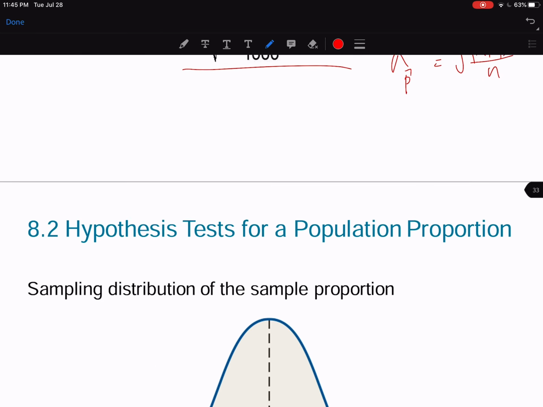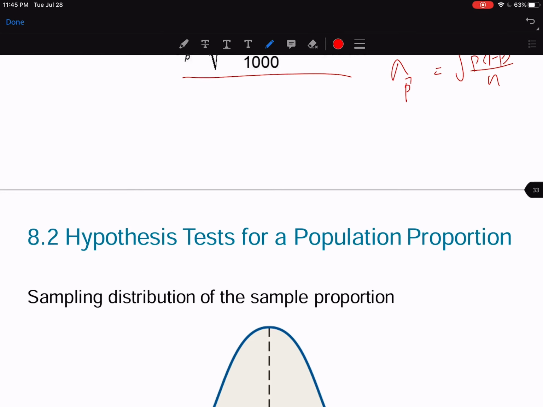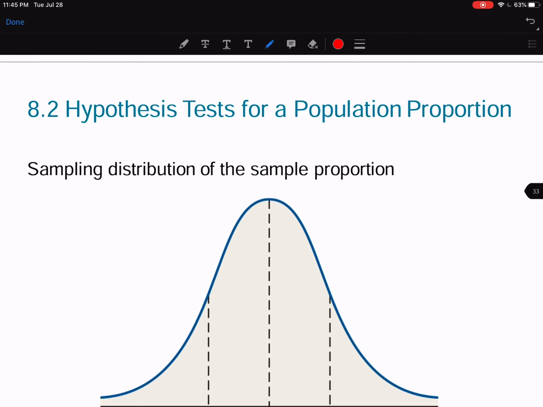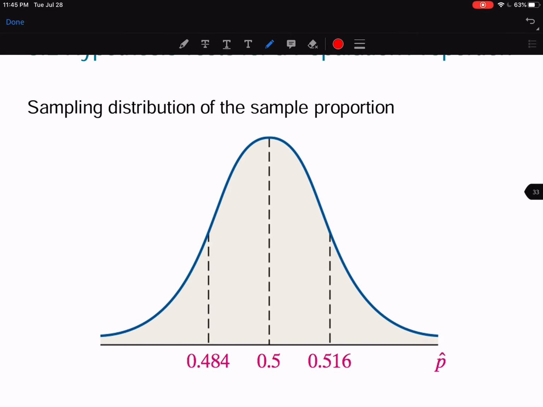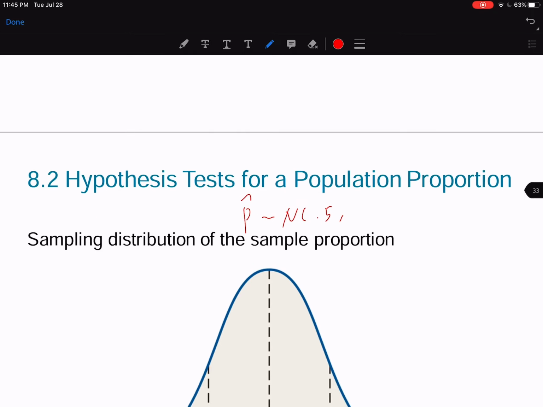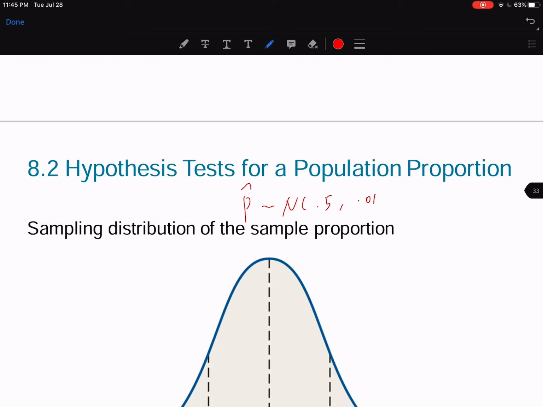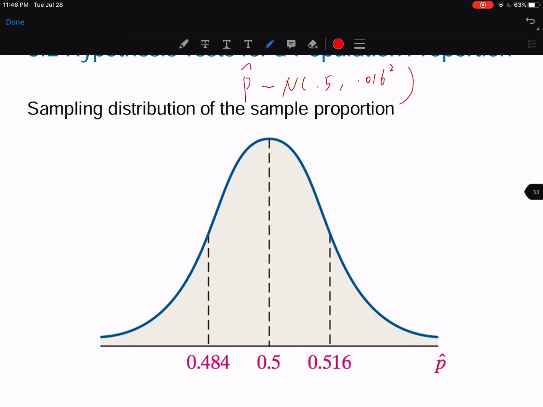Okay, now once we get the mean and the standard deviation, we can just draw the normal curve. So p hat follows the normal distribution with mean 0.5, and of course variance would be the square of this number, 0.016 squared.